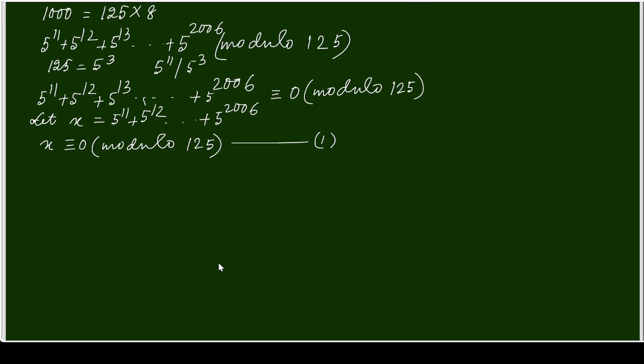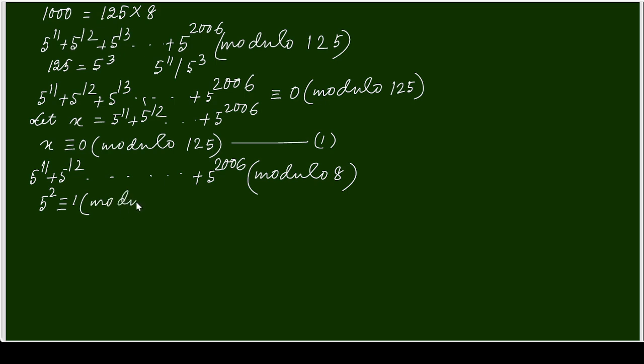Next, coming to 8. 5 to the power 11 plus 5 to the power 12 up to 5 to the power 2006. Now we take modulo 8. Here you see 5 squared is 25, which is congruent to 1 modulo 8, because 25 divided by 8 leaves remainder 1.